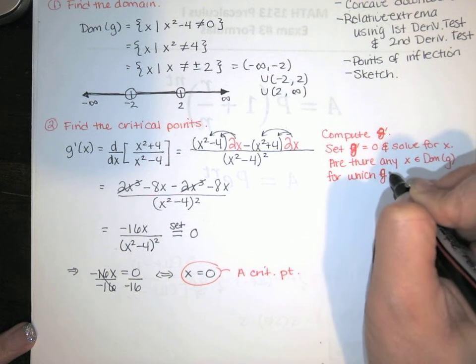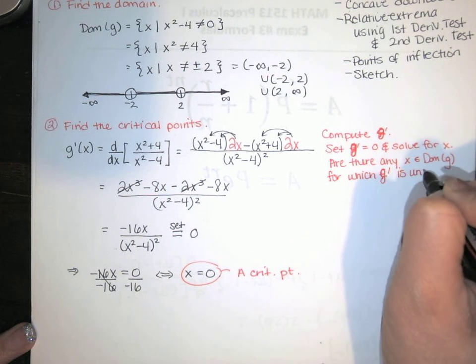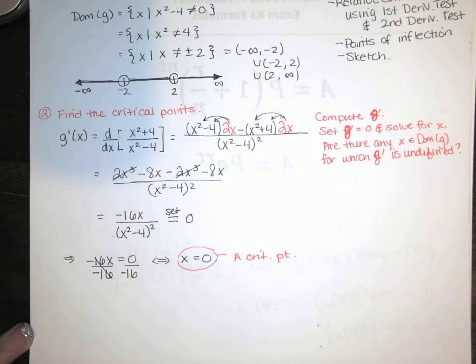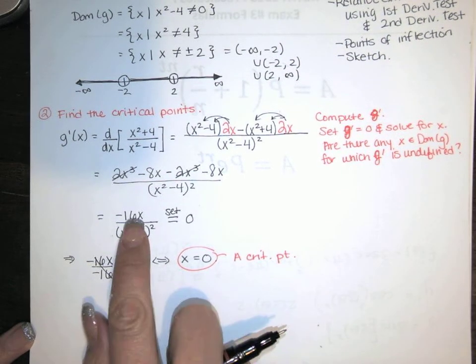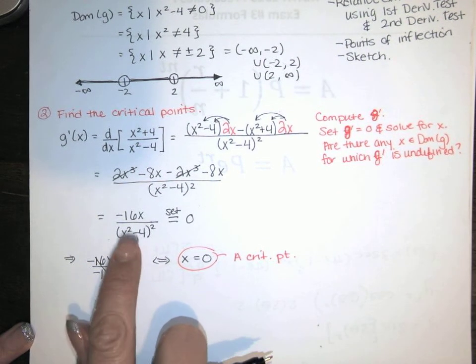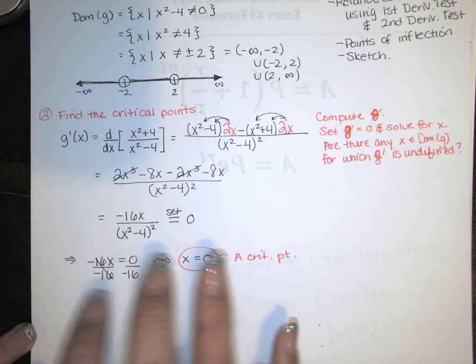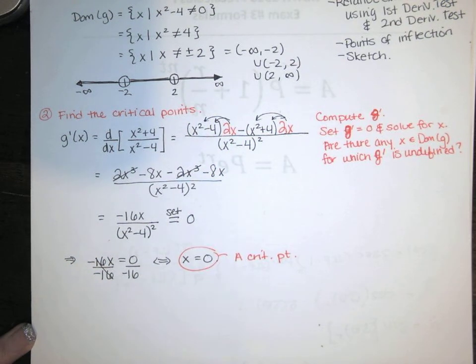Keep writing f. G prime is undefined. Are there? Well, it's undefined when the denominator is 0. That's at x equals plus or minus 2. But those aren't in the domain. So this is our singular critical point. It's our only critical point.